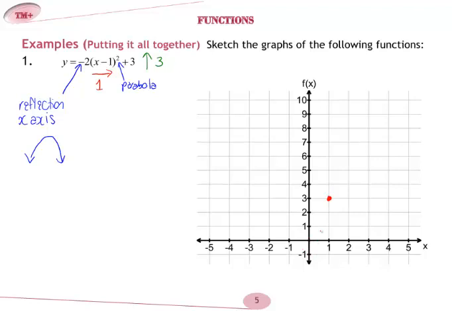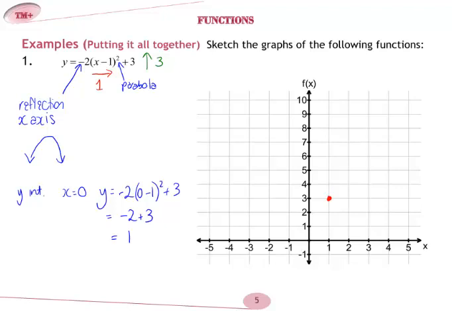Okay, and we can find our y-intercept, which we should because it's a critical point. So y-intercept is when x equals 0. So we've got y equals negative 2, 0 minus 1 all squared plus 3. Negative 1 all squared is 1, so negative 2 plus 3, which is 1.